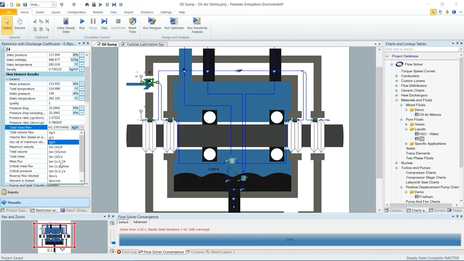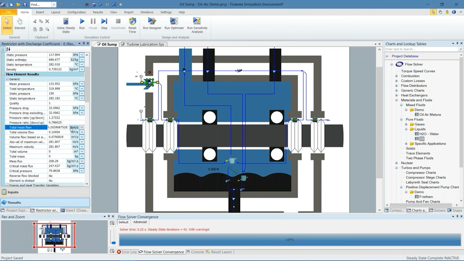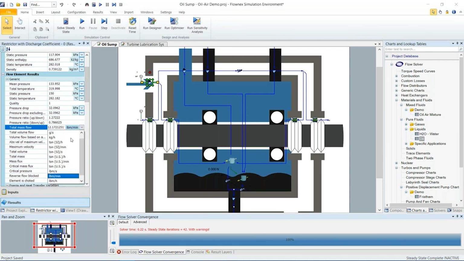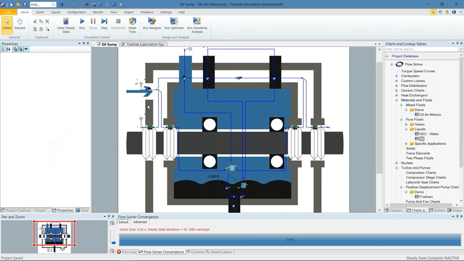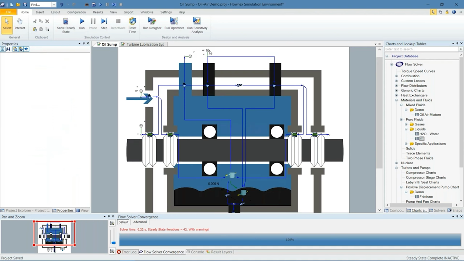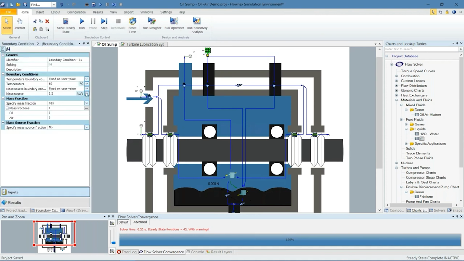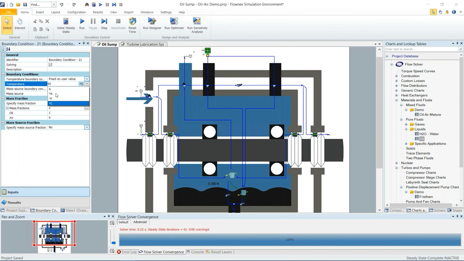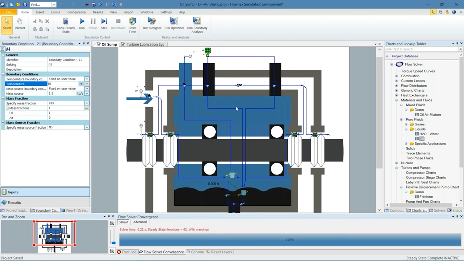So in pounds per second, that's 0.2, or 12 pounds per minute there. On the oil side, we have oil added at about 1.5 kilograms per second, or about 3 pounds per second, and then added at a temperature of around 140 degrees Fahrenheit, or 60 degrees Celsius.